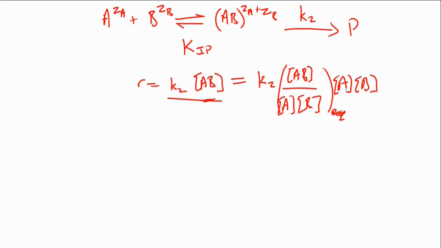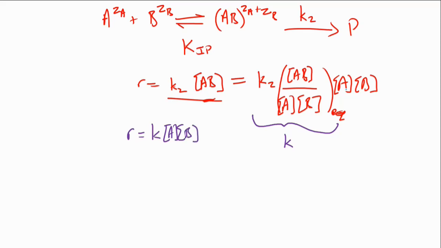All right, so what we could do, we could actually group these two and just give it a name, K. And so what you find also is that the rate of the process could be K times AB.